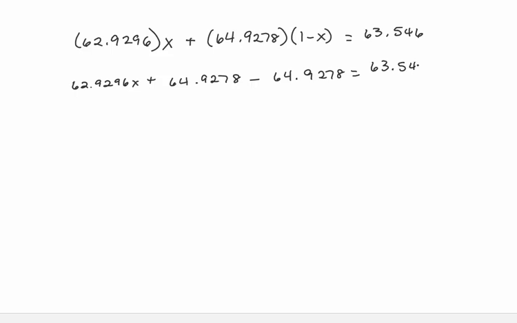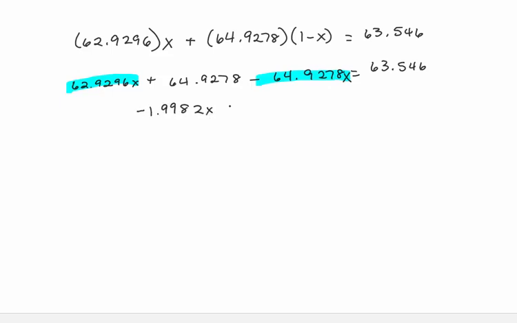So now I combine my like terms. I'm going to add these x's together first. Now this x is considered negative, so I take my 62.9296, subtract 64.9278, and I get a negative 1.9982x.